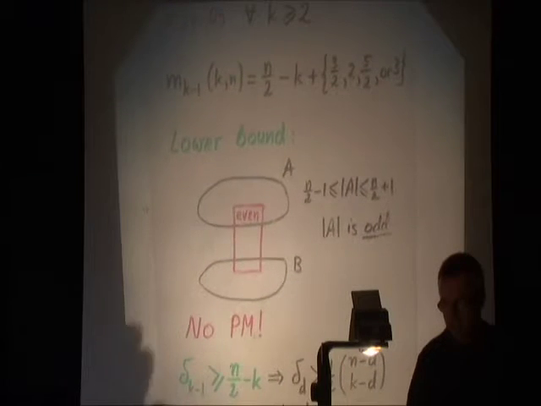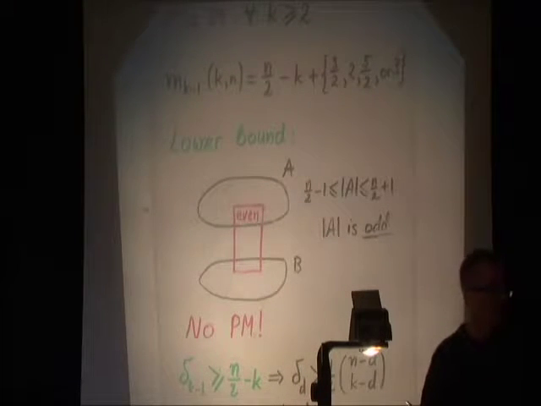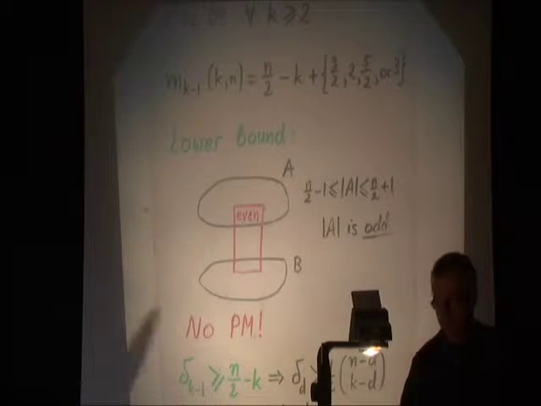Here I just proved a very rough bound. And then consider all k-tuples which have an even intersection with A as edges. So all and only those are edges. Every k-tuple which intersects evenly.